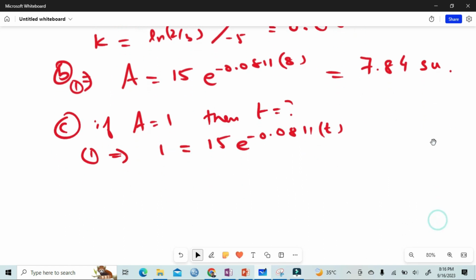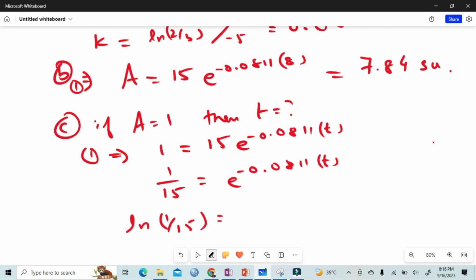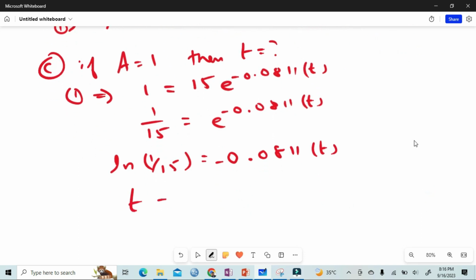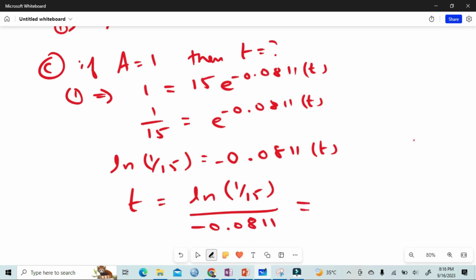So divide by 15, it will be 1 over 15 in the left hand side, e raised to minus 0.0811 T. Take ln on both sides. Ln 1 over 15 is equal to negative 0.0811 T. So T is ln 1 over 15 divided by negative 0.0811. That will approximately get you 33.3915 months.